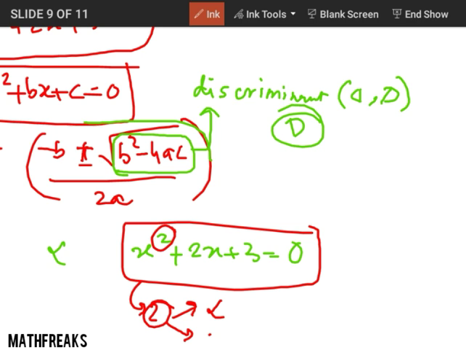And if we talk about cubic equations, they have degree 3, so there will be 3 roots. If you take a biquadratic equation, that is a degree 4 equation, then there will be 4 roots, like this. So the number of roots is equal to the degree of the equation.